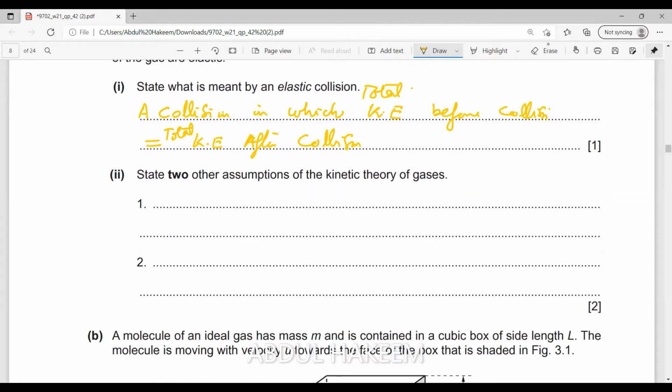State two other assumptions of the kinetic theory of gases. So the first, the important one, is intermolecular forces are negligible.